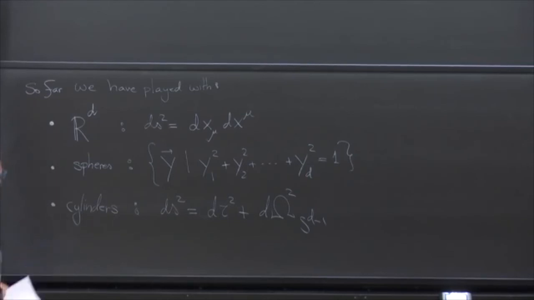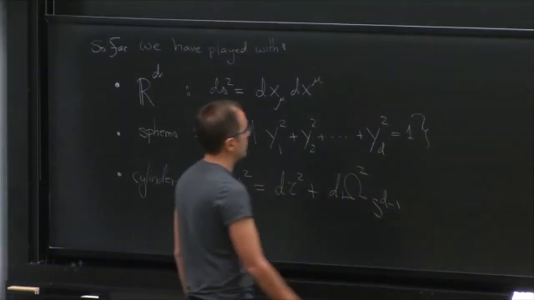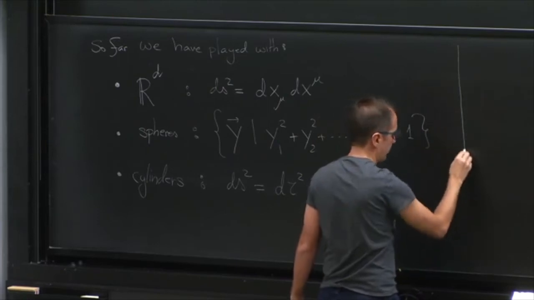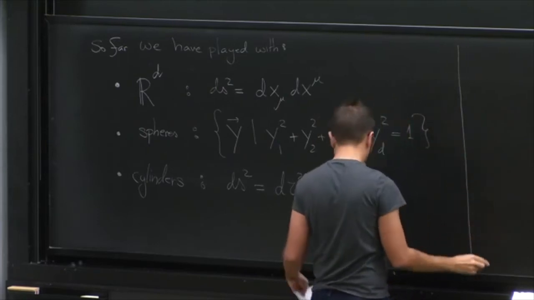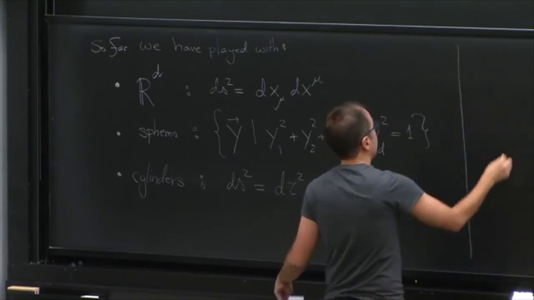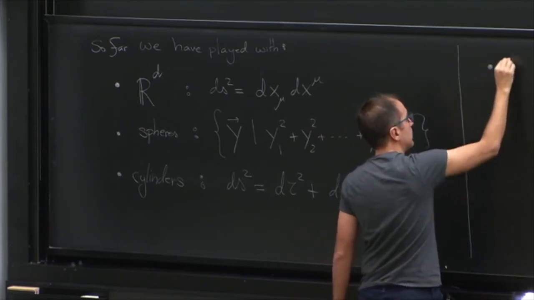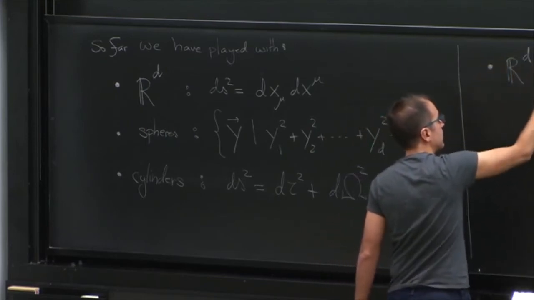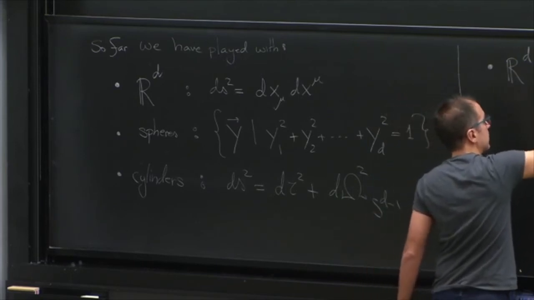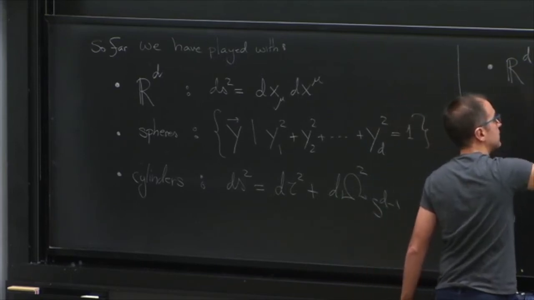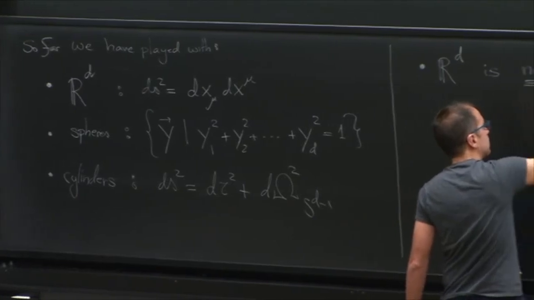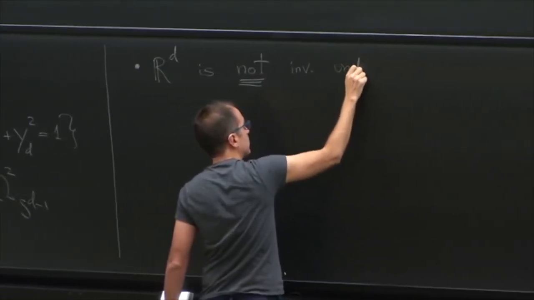So I would like to make a few simple comments about these spacetimes before moving on. So first of all, let me emphasize what we already did, that R^D is not invariant under conformal transformation.